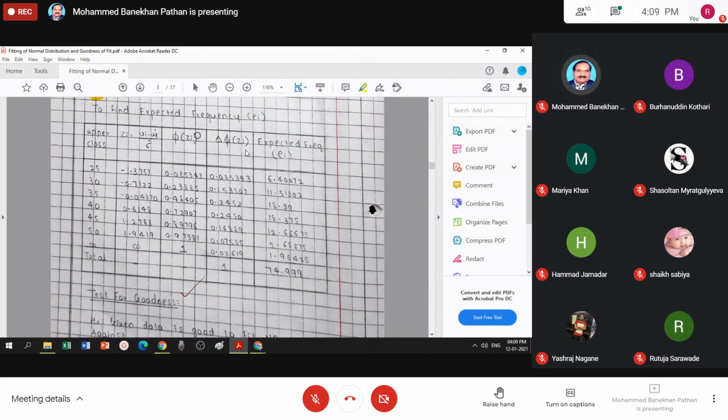Then get phi of Zi. I will try to explain this column with the statistical table when the class starts offline. This column is from the statistical table. What is the clue? If the value of Z is minus, the answer is directly from the book. If it is plus, the answer is 1 minus the book value. That is to be remembered. After phi of Zi, get delta phi of Zi. Delta means difference. So for the first number, no change.